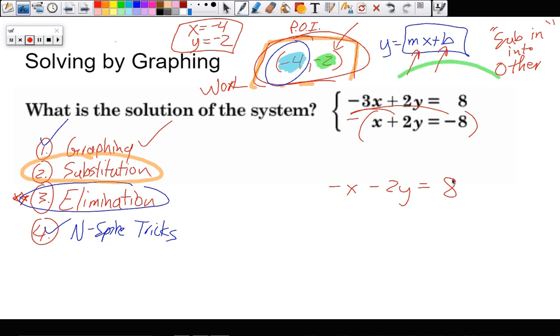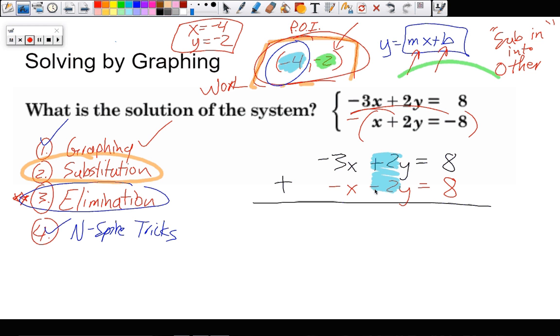Now, the original one, nothing happened to it. But now, what variable do you see that I can eliminate when I add? Anyone? Why? I can eliminate y because I'm adding. You with me? These will end up adding to 0y, which is just 0.